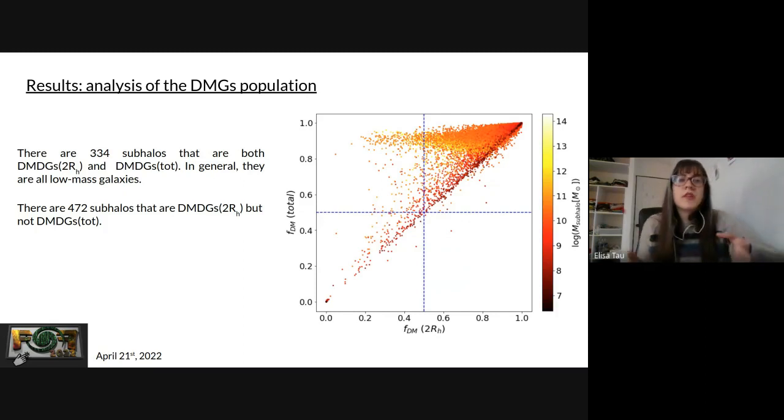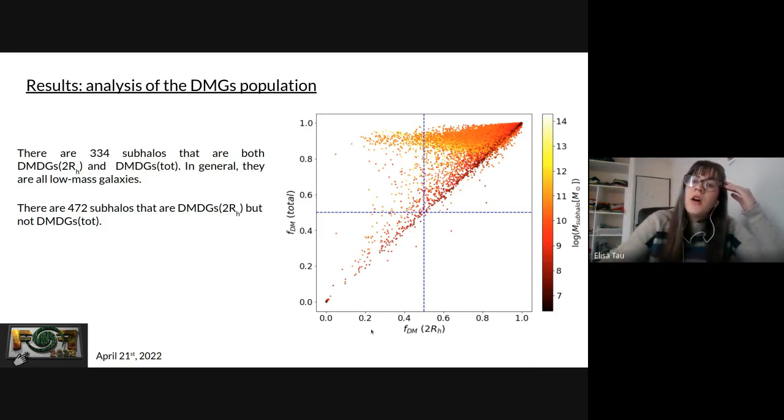So to show you some results, once we calculated the dark matter fraction, we decided to plot the dark matter fraction within their central regions, and the one that we got when using the whole amount of mass of the subhalos.